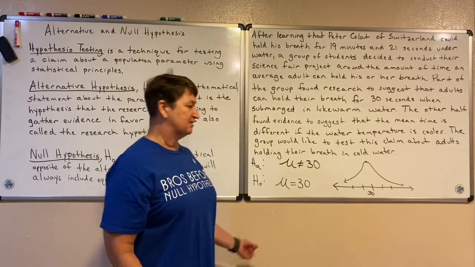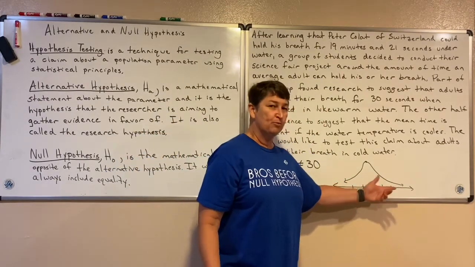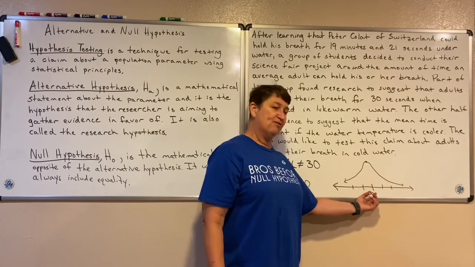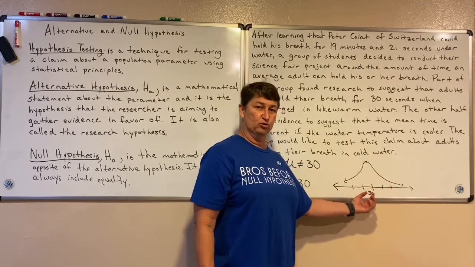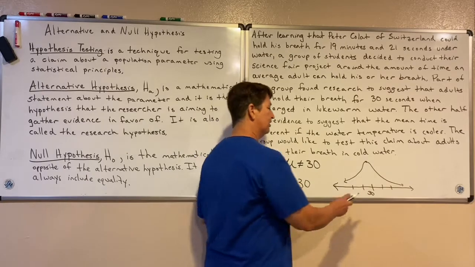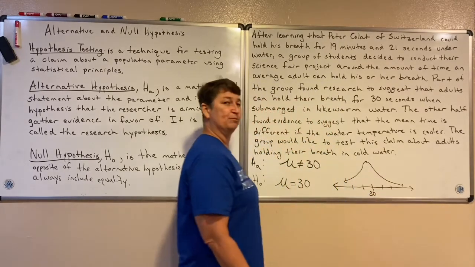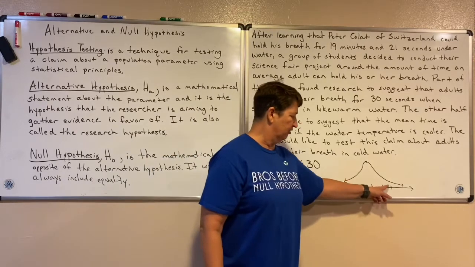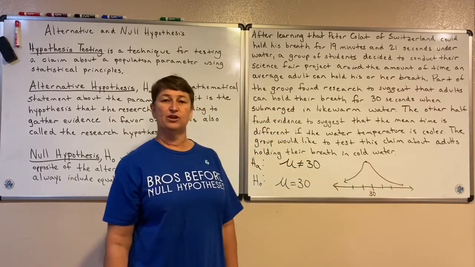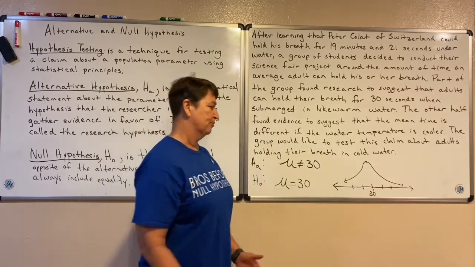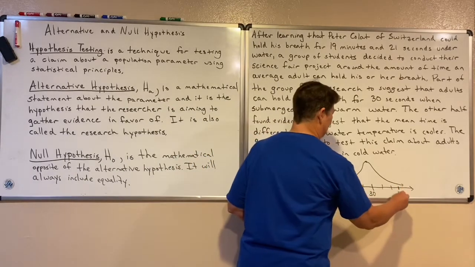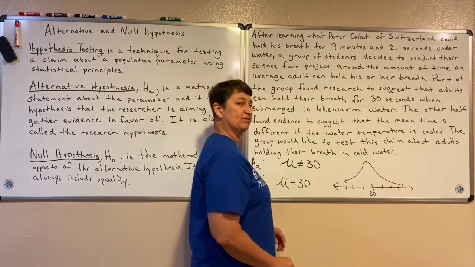So if I get a sample mean that's somewhere out here, it doesn't show me evidence that that 30 is not true. So I wouldn't go around rejecting my null hypothesis just because I get something a little bit out here. I kind of expect that within a 95% confidence level. And then 3 standard deviations out is 99.7%.